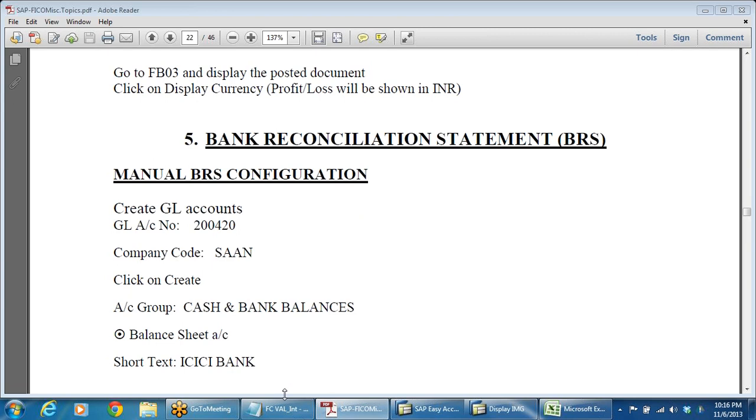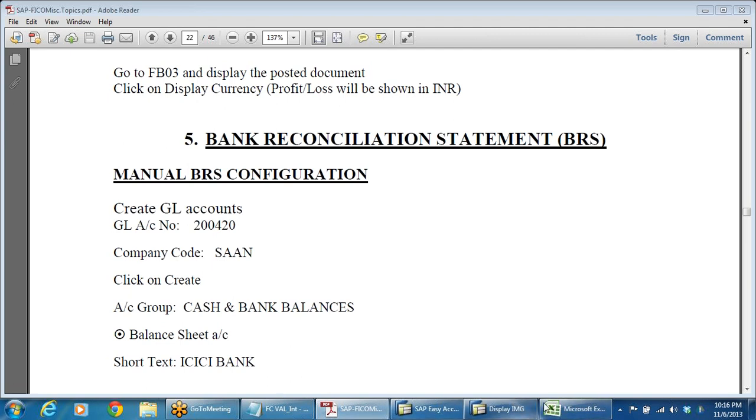Previously we used to call it bank passbook. Nowadays, of course, we don't maintain any passbook. The banker will send us the bank statement. He himself will maintain it. Anyway, we are not going to maintain any cash book for a bank.